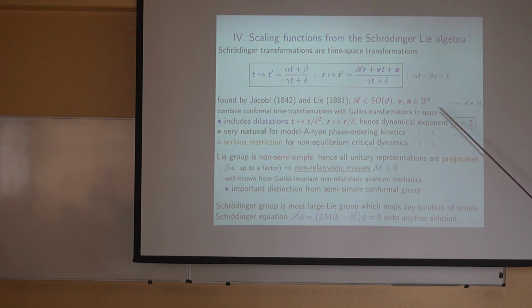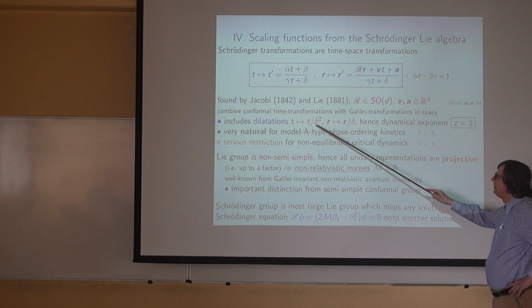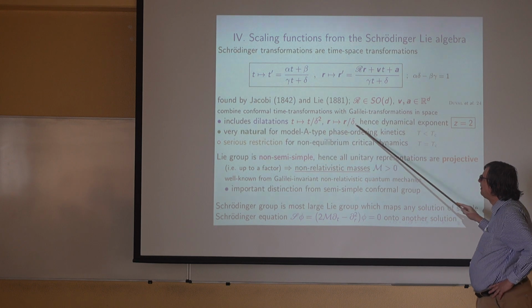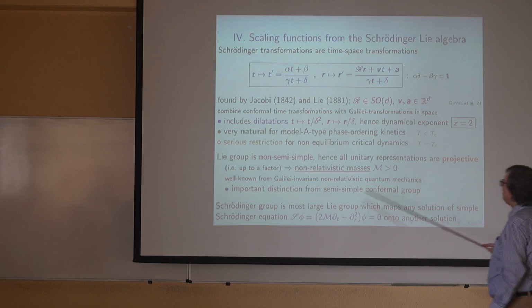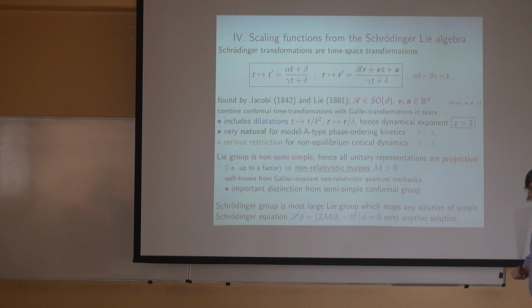That's how it happens. So, in particular, when you look at the dilatation in time and in space, they can be parameterized in this way. So you see a factor 2 here, which means that the dynamic exponent is equal to 2. Okay, dynamic exponent equal to 2. Well, when you go into studying phase ordering kinetics, quenches to below Tc, then you would say that when we have a non-conserved order parameter of the model A type, then indeed it can be derived that z is equal to 2.